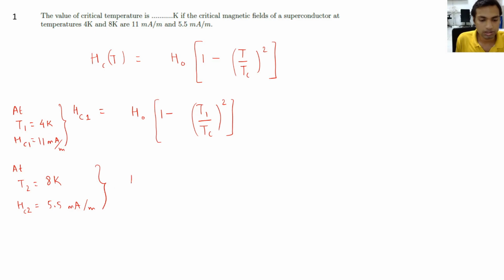So Hc2 is equal to H naught times 1 minus T2 over Tc whole square.